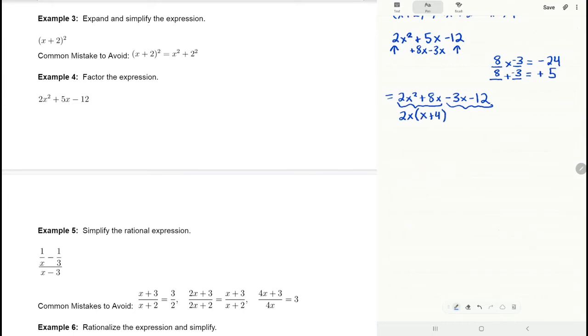And then when we look at the last two terms, we'll take out a negative 3. So we have negative 3. And if we take out negative 3 from negative 3x, I'm left with a positive x. And taking out negative 3 from negative 12 gives us a positive 4.